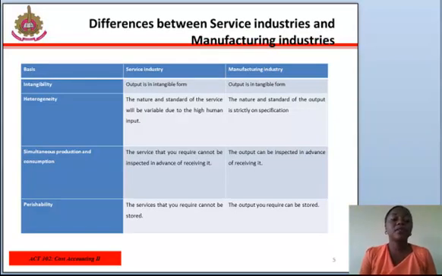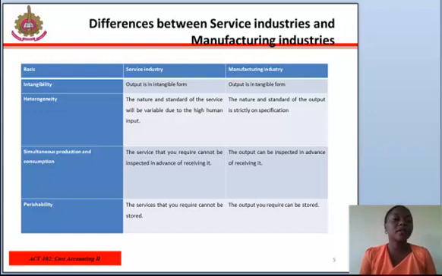Differences between service industries and manufacturing industries. There are 4 main differences between the output of a service industry and the products of a manufacturing industry. These differences are summarized as shown above.